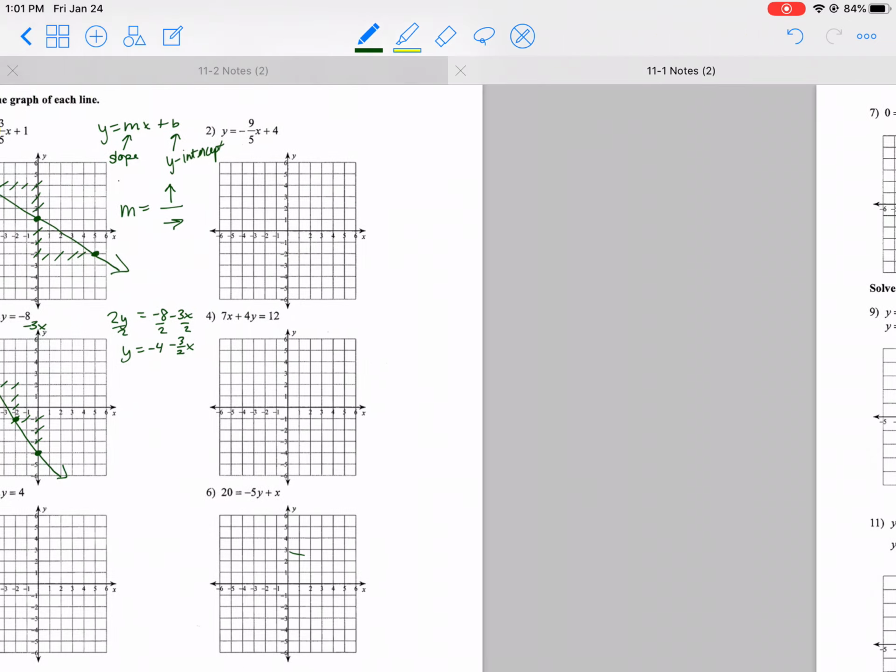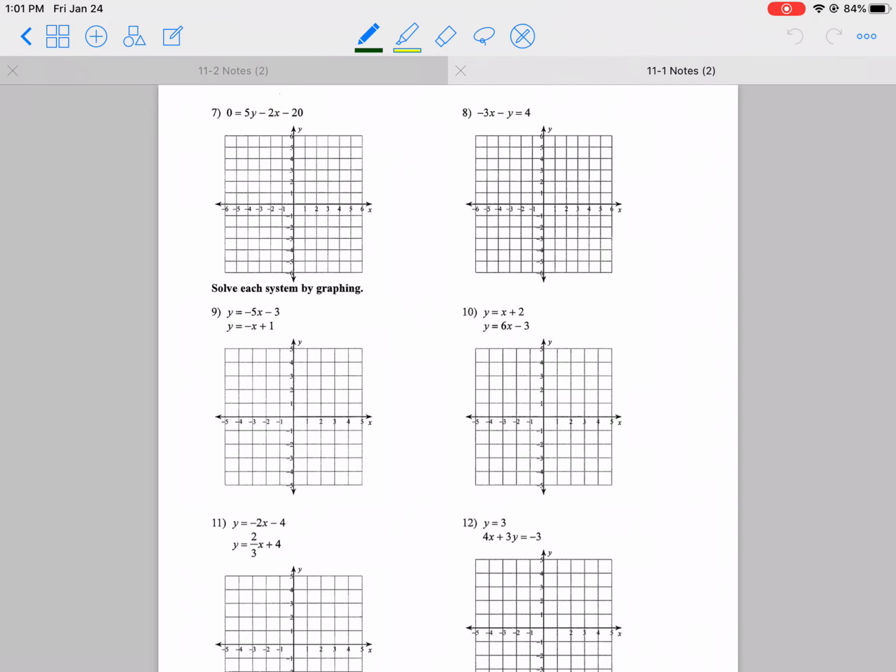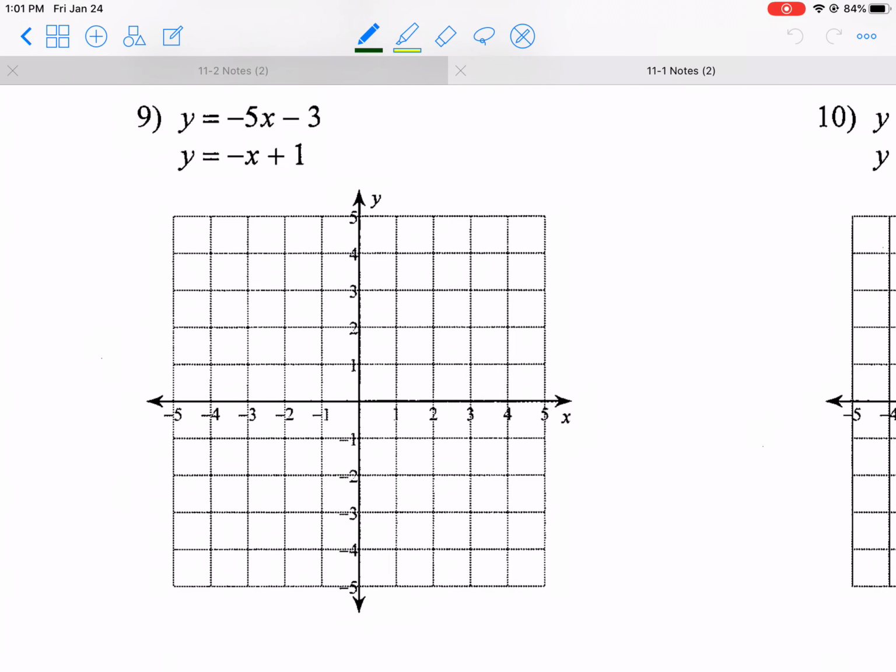So we are going to move on to problem 9. Now we have two equations, so we're going to graph both of them and identify where they intersect. If I graph the top one, I'll use green for that. I'm going to go down 3, since my y-intercept is negative 3, and then the slope for this one is negative 5.